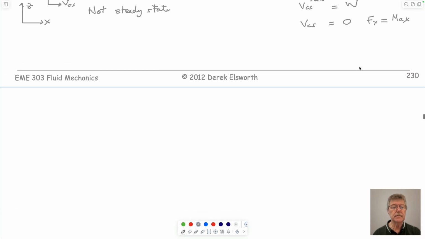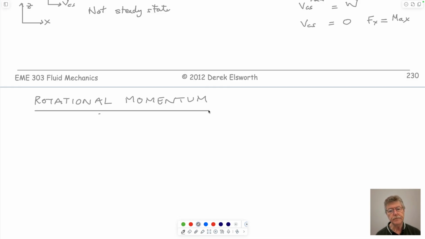So let's do something a little similar to what we did before. Rotational momentum. I won't do it this way; I'm going to do something different.